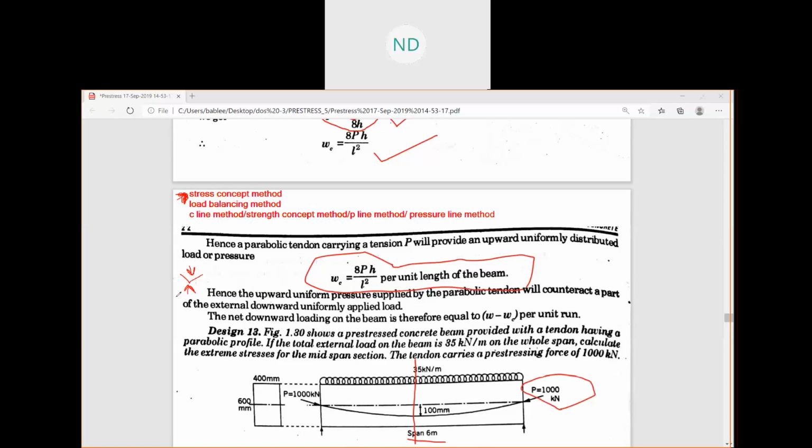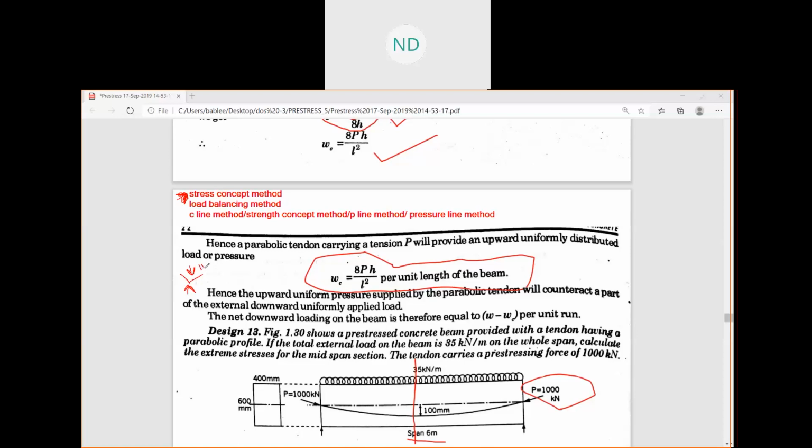This type of calculation of finding the stresses is nothing but the load balancing method. We're trying to balance the downward load with the upward pressures.